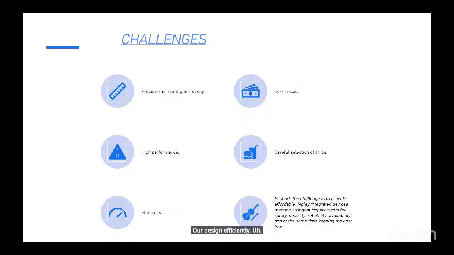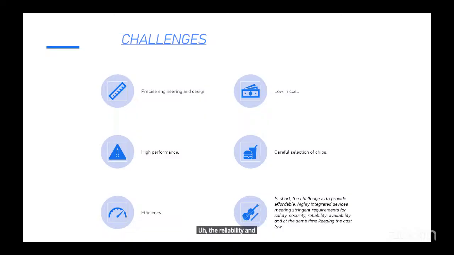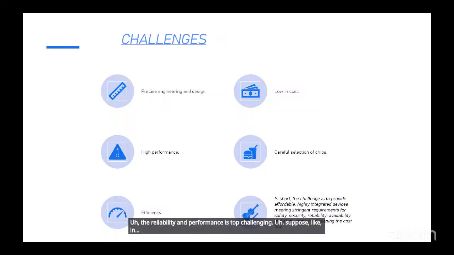The third one is the performance. Performance is also a very important thing while designing any hardware, because reliability and performance are challenging. In the embedded world, each product will have its own specification.